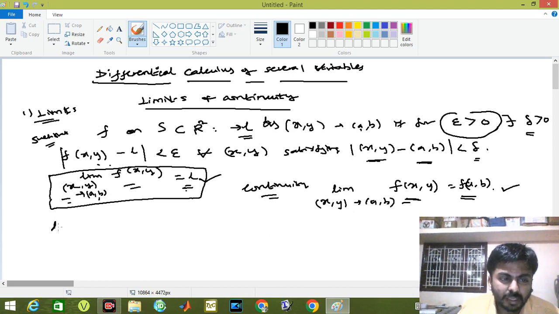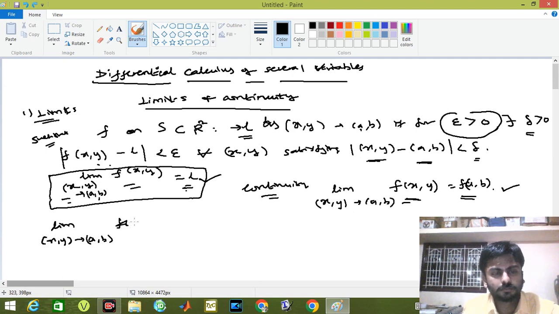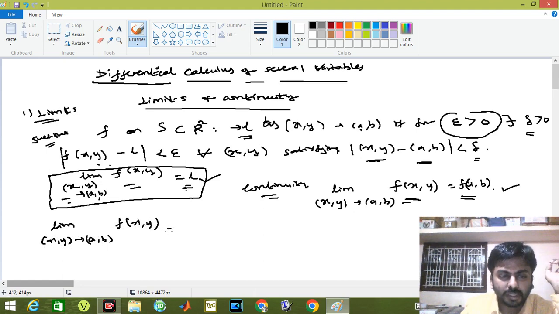Here we are taking the limit as (x, y) tends to (a, b) of f(x, y). This limit is called a double limit, because both x and y have limits: x tends to a and y tends to b. So we have to find the limit after substituting the values for both x and y.